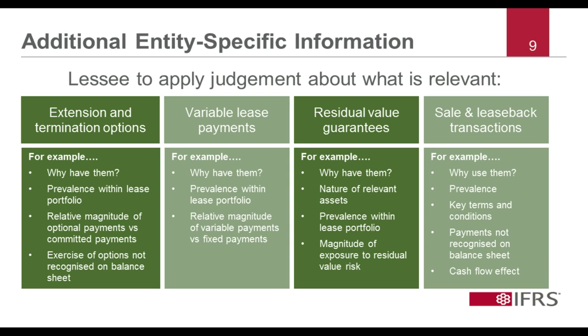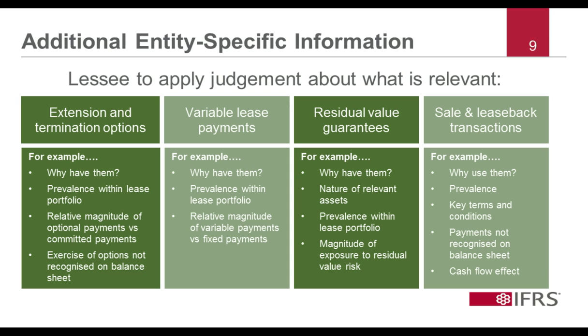The illustrative examples in the standard also have 6 detailed disclosure examples, 3 relating to variable lease payments and 3 relating to extension and termination options. As an example, let's look at extension and termination options. So what is the kind of information that users want to know here?